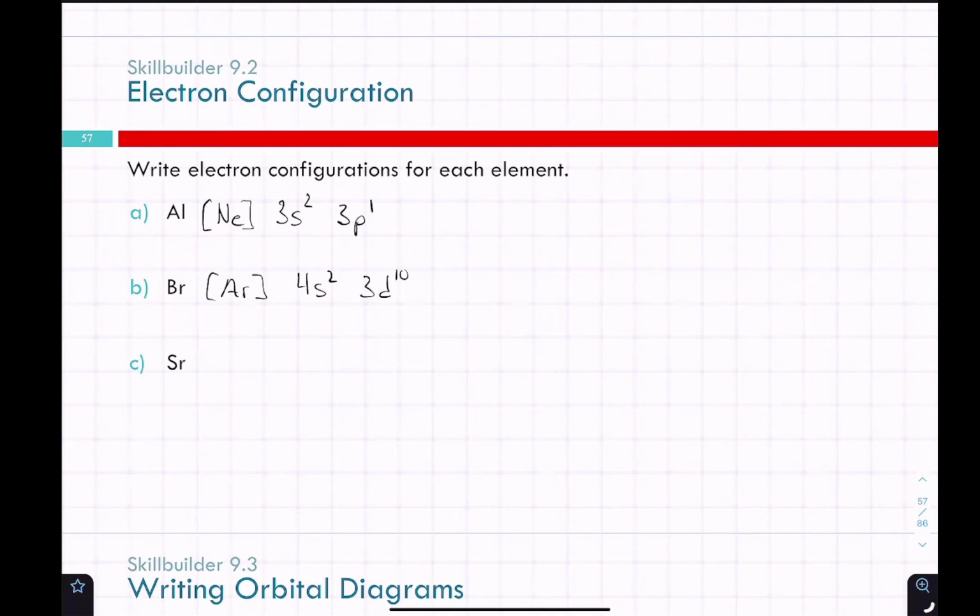The d's are one principal shell lower, and the f's are 2 principal shells lower. So the d's start at 3, and the f's should start at 4. The f's start at 4, but they start in row 6.